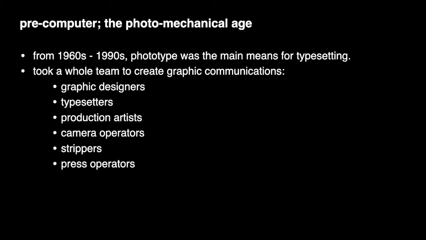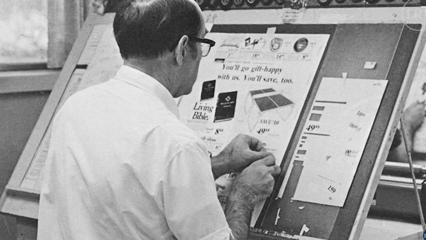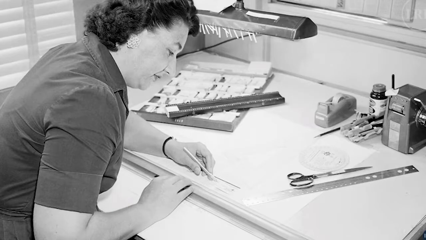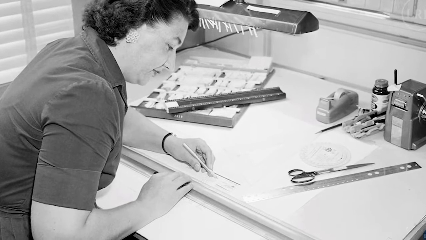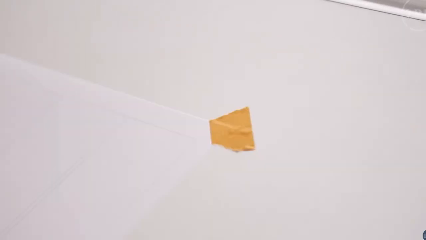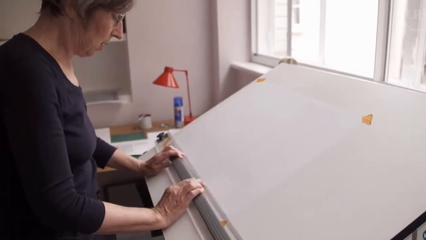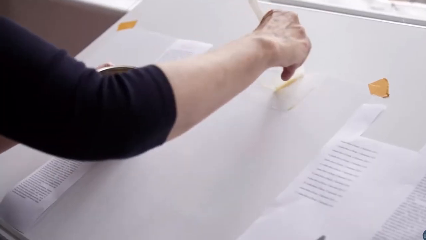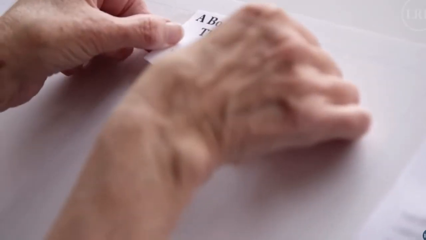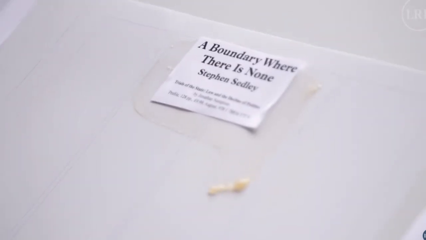Before computers, we have to remember design was in the photomechanical age. From the 1960s to the 1990s, phototype was the main means for typesetting. It took a whole team to create graphic communications: graphic designers, typesetters, production artists, camera operators, strippers, and press operators.